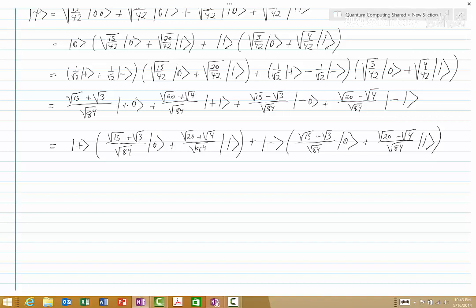So I'm not brave enough to keep on doing all the algebra with the square roots. I'm just going to go to the calculator and get some numbers. And so if you do simplify these expressions with your calculator, I believe that you will get the following. The first term becomes plus times 0.6116 times the |0⟩ ket plus 0.7062 times the |1⟩ ket.